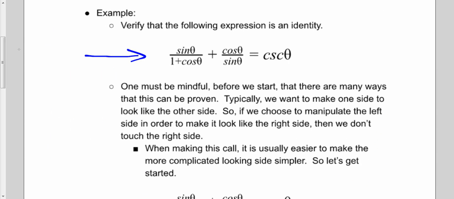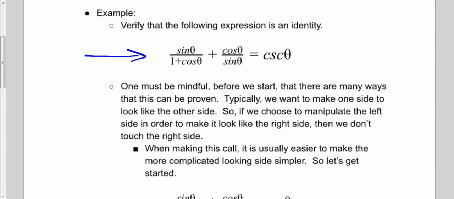So here's what we're going to do. That was the brute force method, right? We were doing stuff that we knew how to do already, and we got to our answer. Now we're going to try something a little bit more elegant.